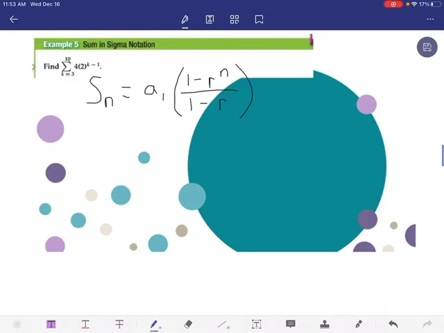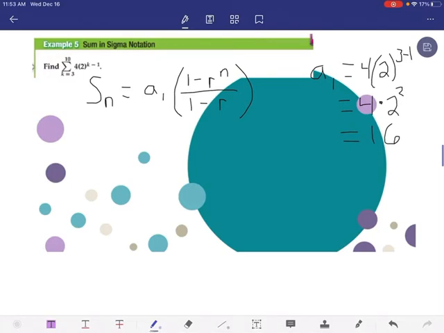And then we need to find a couple of things. So my a sub 1 we can find by plugging in the first number that they tell us to plug in, which remember is the bottom number. So that's going to be 3. So we get 4 times 2 squared, which gives us 16.